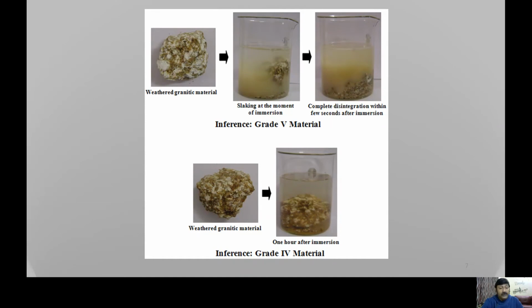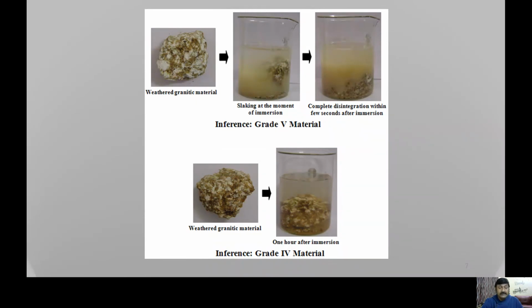For example, we can discriminate grade 4 and grade 5 materials just by immersing a piece of rock lump into water. If it is grade 5 material, which actually belongs to the soil kind, it will disintegrate immediately. But if it is a grade 4 material, when it is immersed into water, it will remain there for some time.